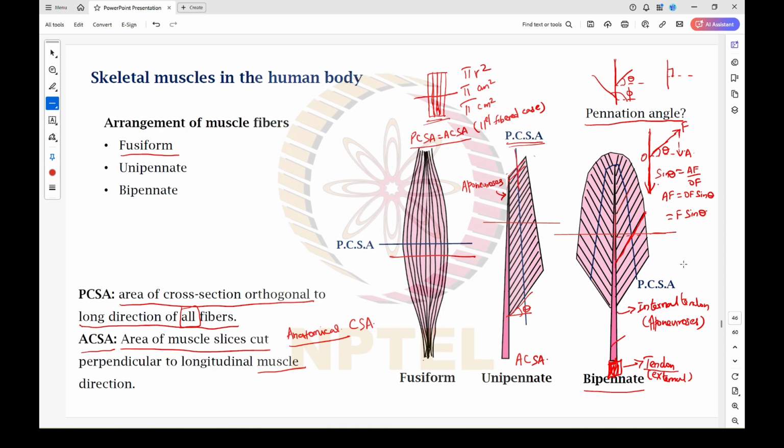The maximum would be 90 degrees. The theta can be maximum 90 degrees, which would be the case for a parallel muscle. Therefore, for a parallel muscle, the force generated will be equal to the force exerted finally.